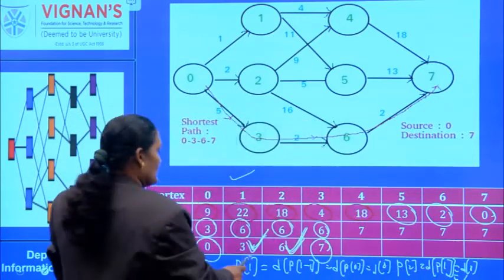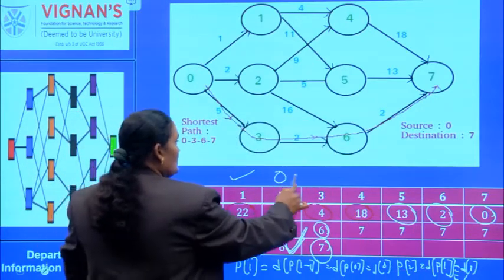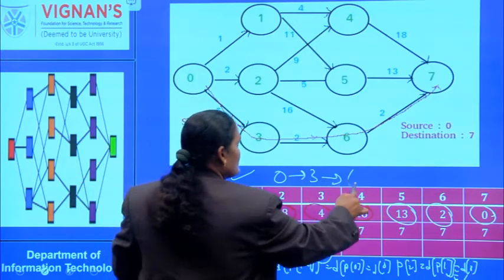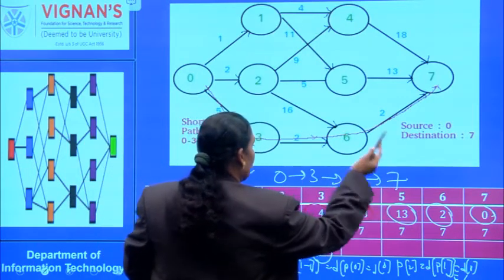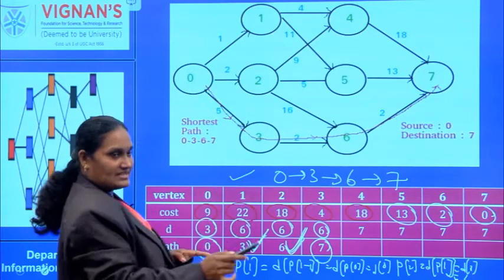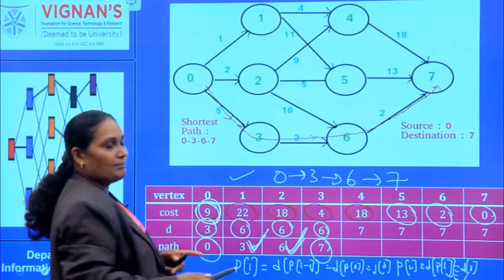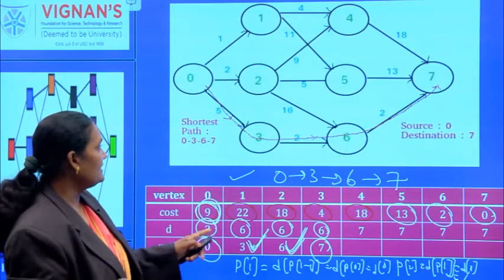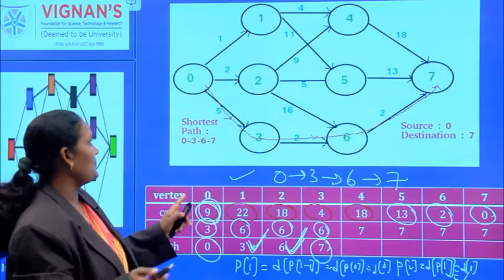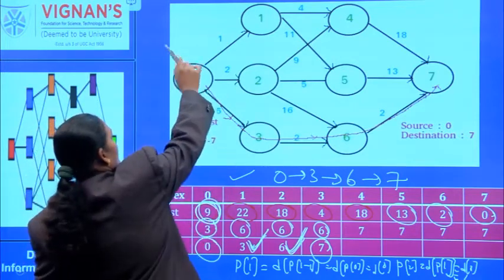Now here, what is the path? 0 to 3, 3 to 6 and 6 to 7. What is the final cost of the path? 9 is the final cost of the path. Now here we find the shortest path from source vertex to sink vertex.